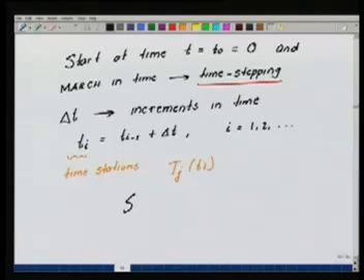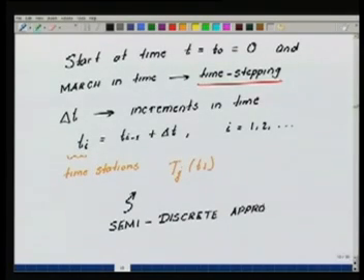This approach that we have taken is called a semi-discrete approach. Why is it semi-discrete?